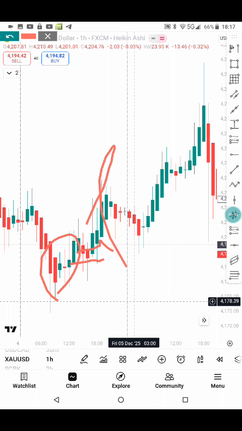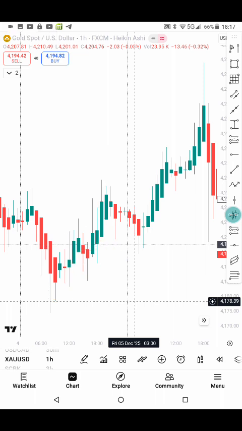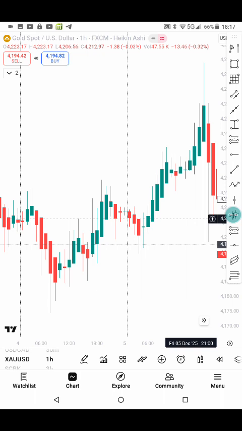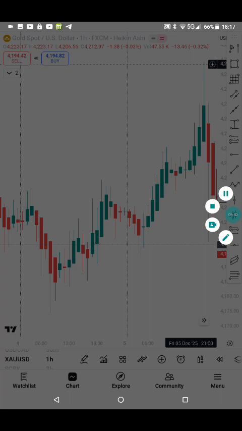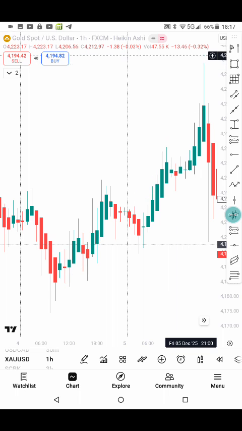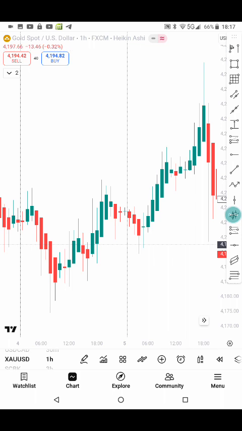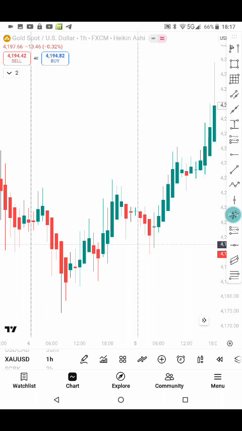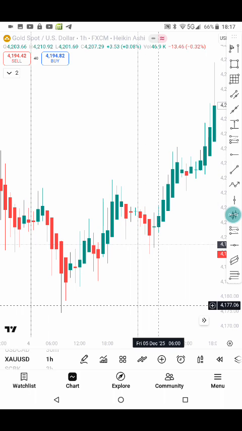So it does not work all the time, but the probabilities are very high. At least there you have seen it has failed, right? You're not going to find a strategy that has a 100% win rate. You're just going to manage your risk. My stop loss is here. How much am I losing? So always minimize your losses.